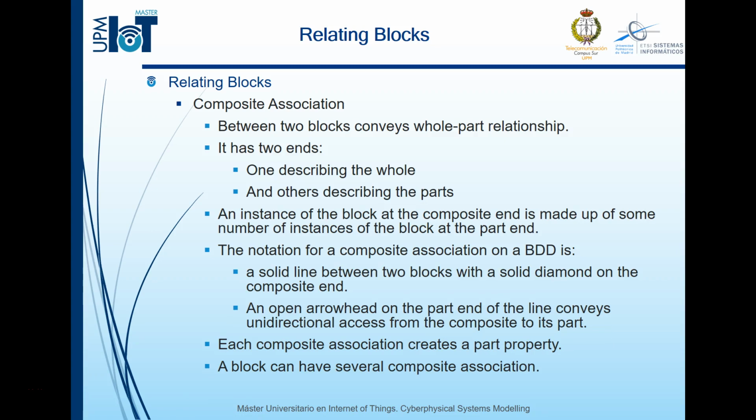One block will be the whole of the system, and the other block will be the part end of the relationship. One describes the whole, the other describes the parts. And the notation that you have seen is a solid line between blocks and an open arrowhead at the part end of the composition.